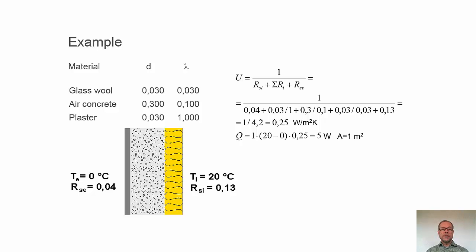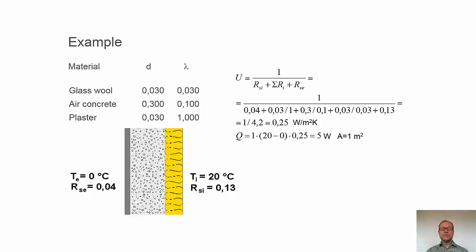Here is an example. From the left-hand side we have 3 centimeters of plaster, then air concrete, 30 centimeters, and 3 centimeters of glass wool. Using the formula for the U value, we have 1 divided by 0.04, which is the surface resistance, plus R1, the thermal resistance of the plaster.